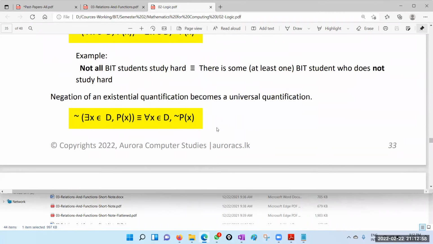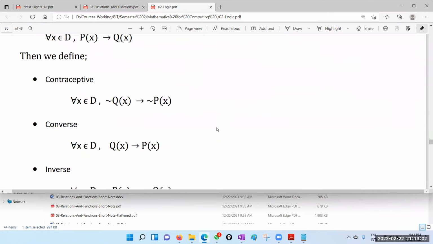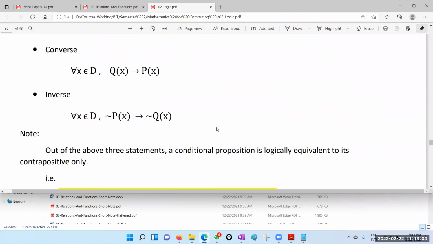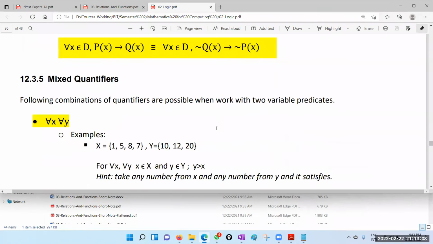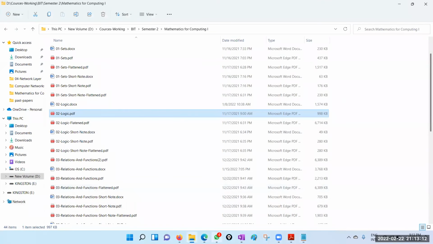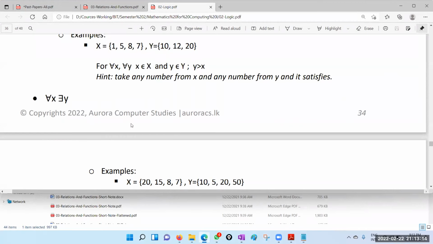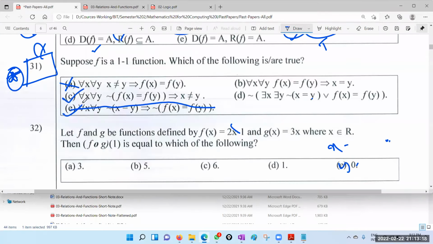Twice not is there. Okay, just keep it for the time being. I'm not very sure about that answer. Let's just keep it open.